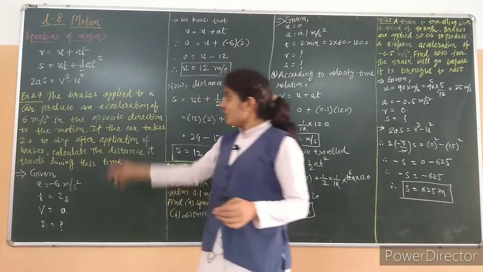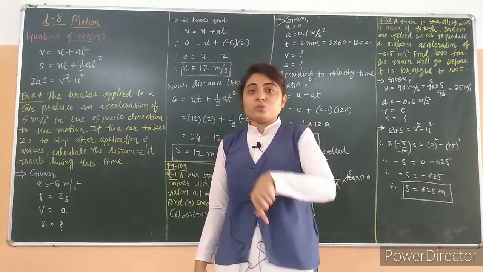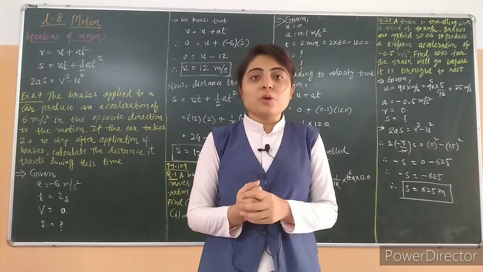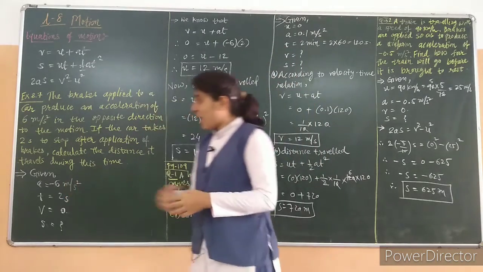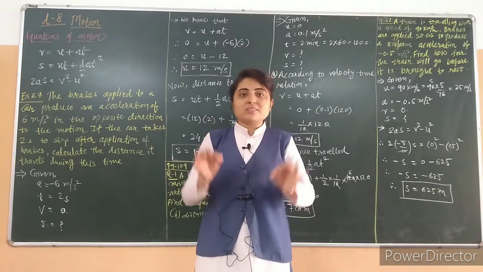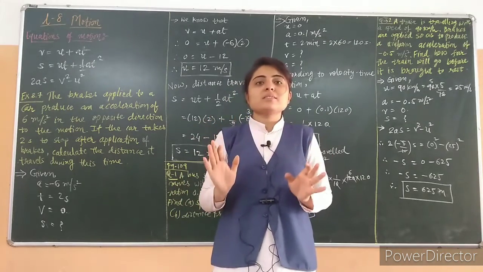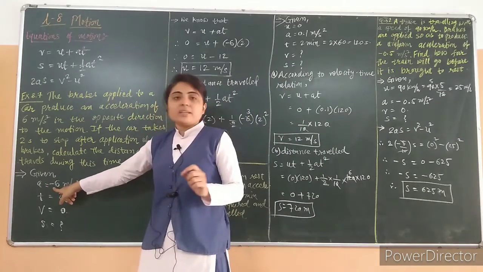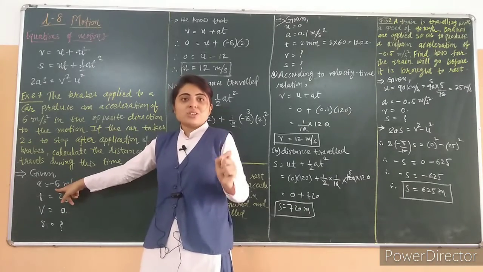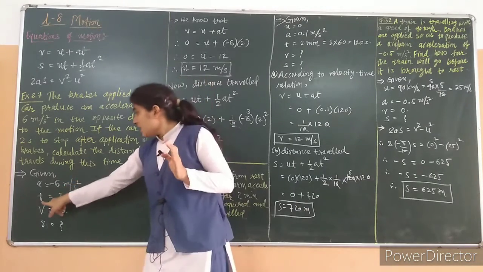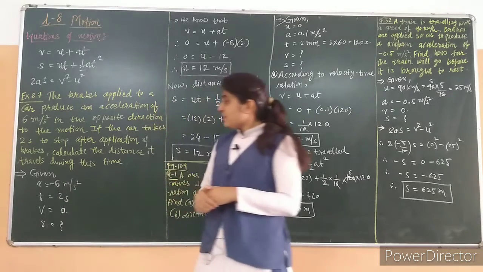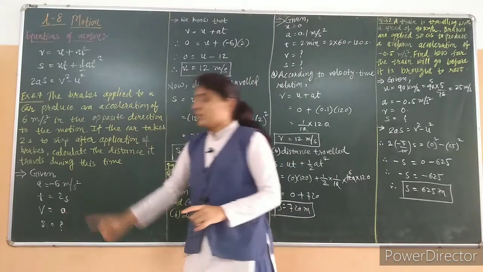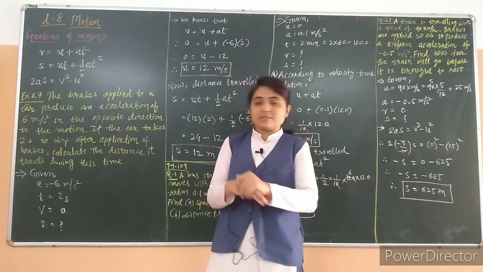The data is given: acceleration is 6 meter per second square in the opposite direction. The directions should also be mentioned, so it is minus 6 meter per second square. Remember, wherever there is opposite direction, a minus sign is taken. t is 2 seconds and the car comes to rest, it stops. It means the final velocity v is 0. So how much distance s do we need to find?